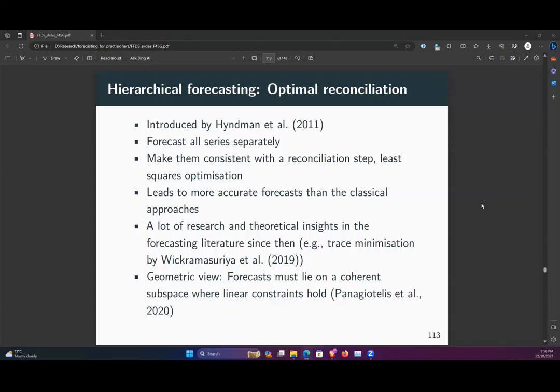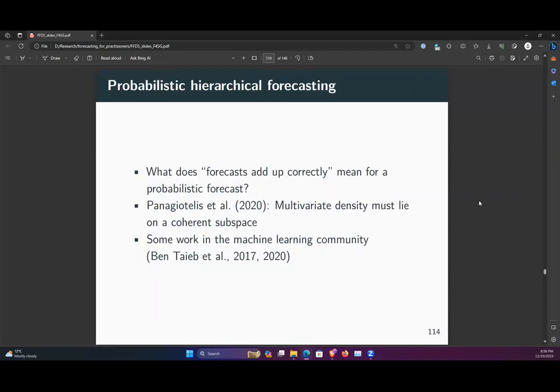So it's pretty simple, pretty straightforward. But when it comes to probabilistic reconciliation, how do you make this reconciliation? Because you don't have a single point forecast, instead you have a probability density.